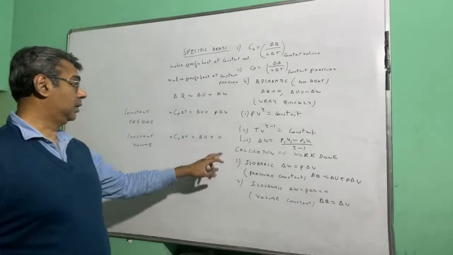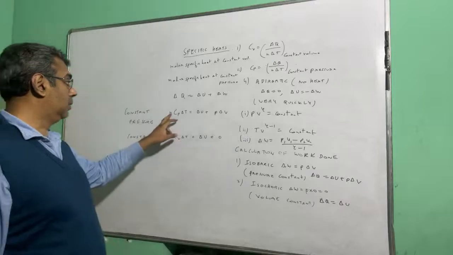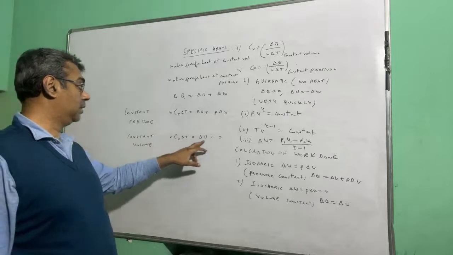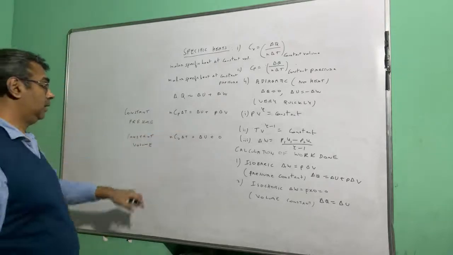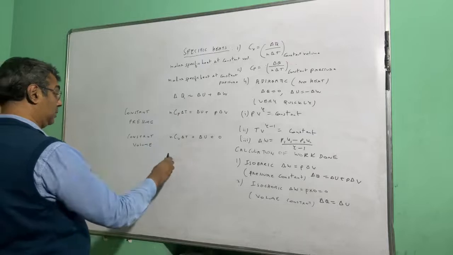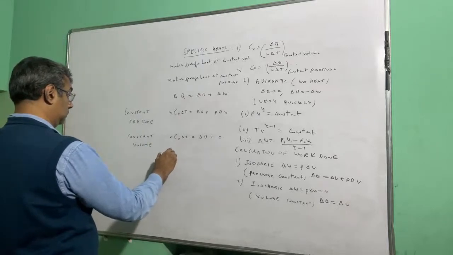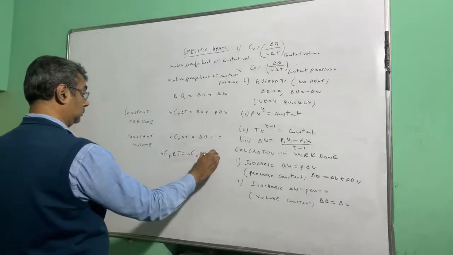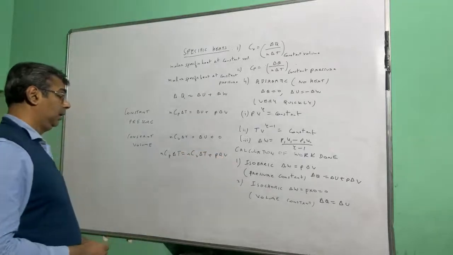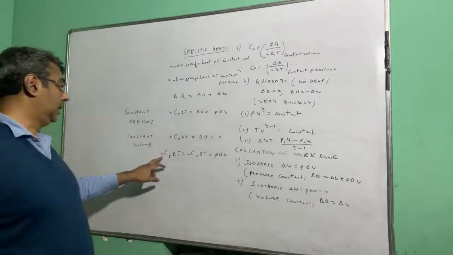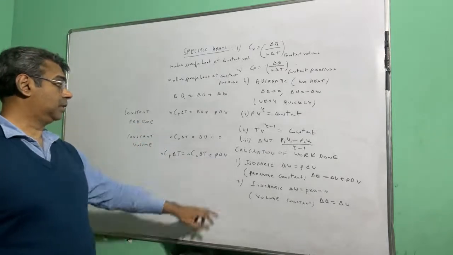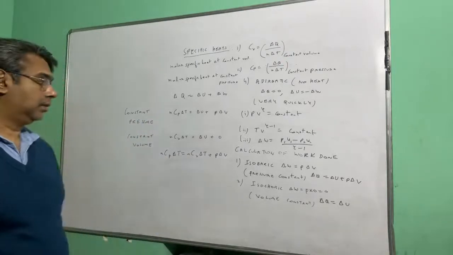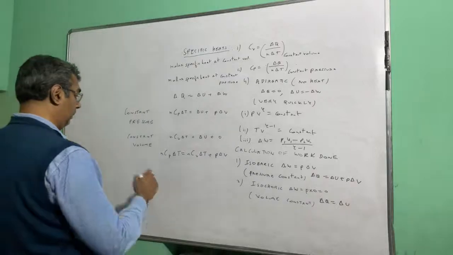So n Cv delta T is delta U. If you combine these two equations, you will get n Cp delta T is n Cv delta T plus P delta V.